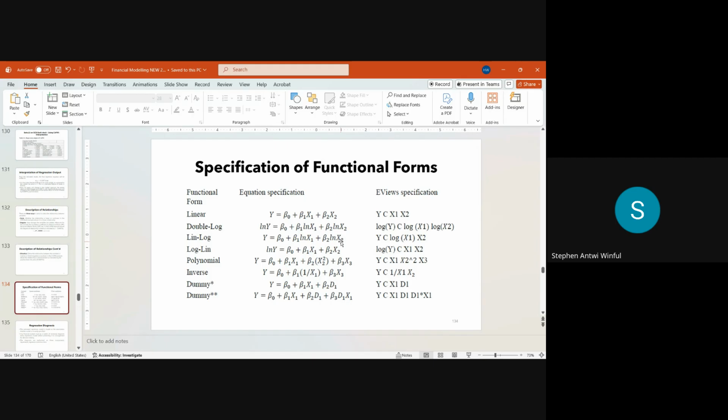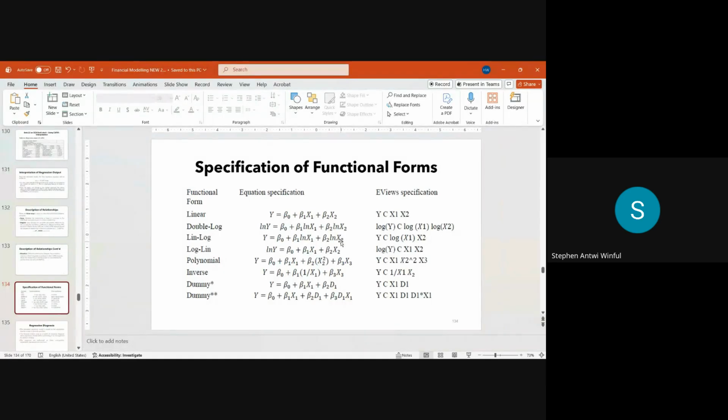You also have a situation where you leave the dependent variable in its natural state, but you transform the independent variables. That's a lin-log specification. You can also have log-lin, where the dependent variable is logged, but the independent variables are not. The polynomials refer to the higher powers of the x's, as you can see on the screen. The inverse is when you use the x's in inverse form, so 1 over something.